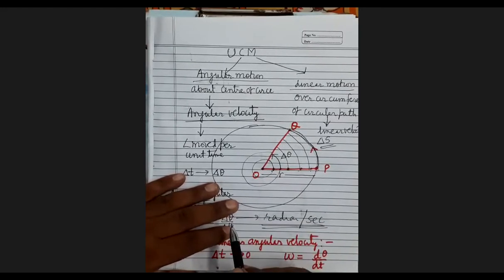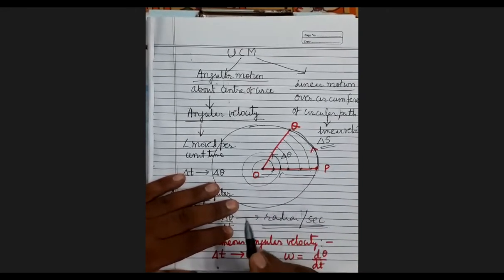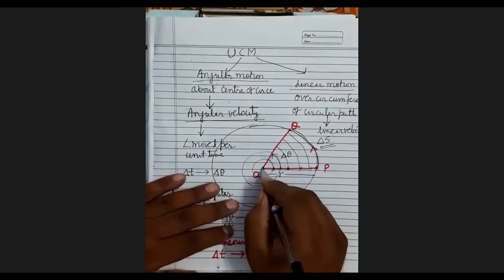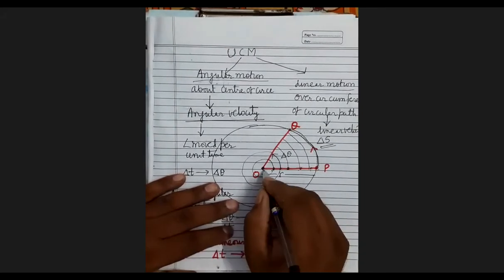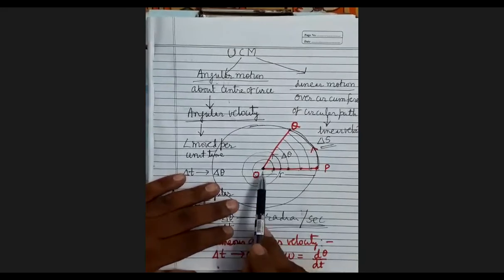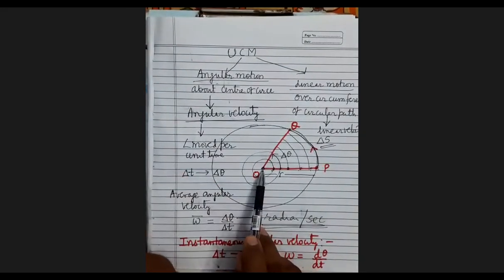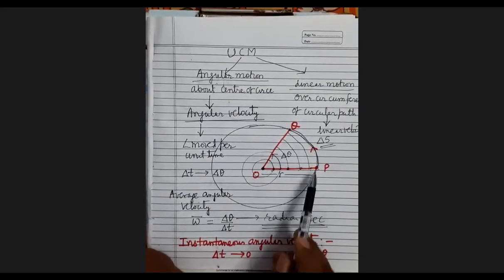Therefore, all will have the same angular velocity. Even the particle situated at the center of rotation is also moving by an angle theta. Its angular velocity is the same as all other particles lying over this radius.